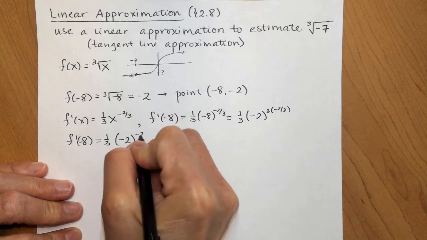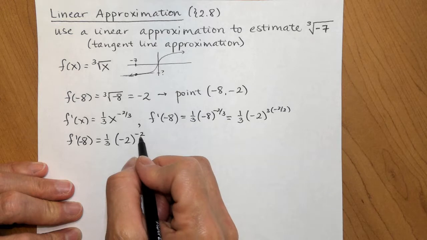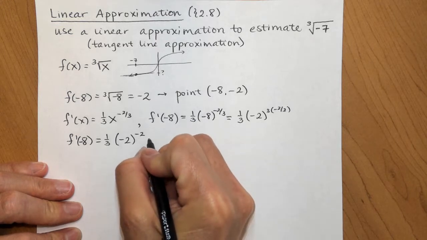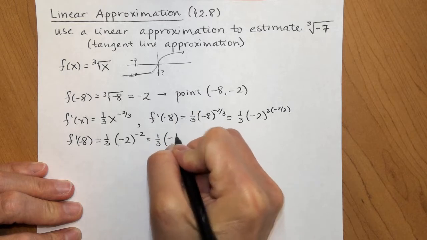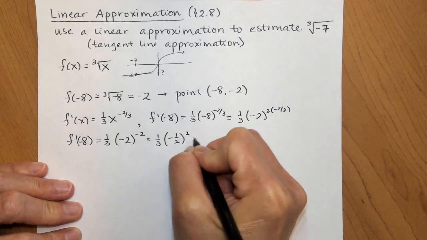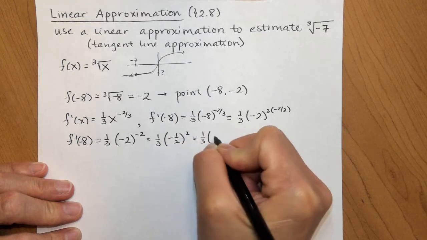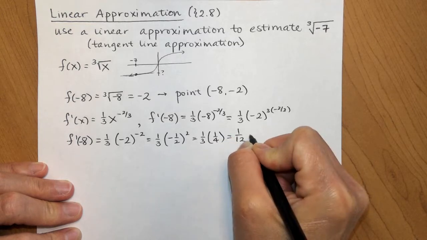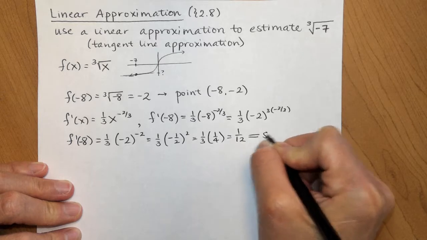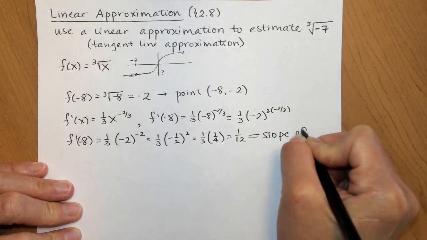I'm going to multiply those exponents together. Well, this is going to be 1/3 times -1/2 squared, or 1/3 times 1/4, which is 1/12. And that is my slope of the tangent line.